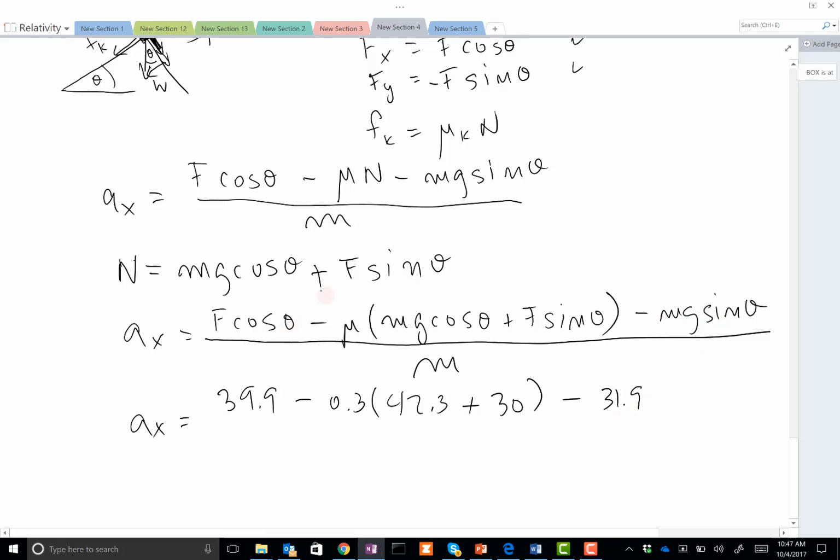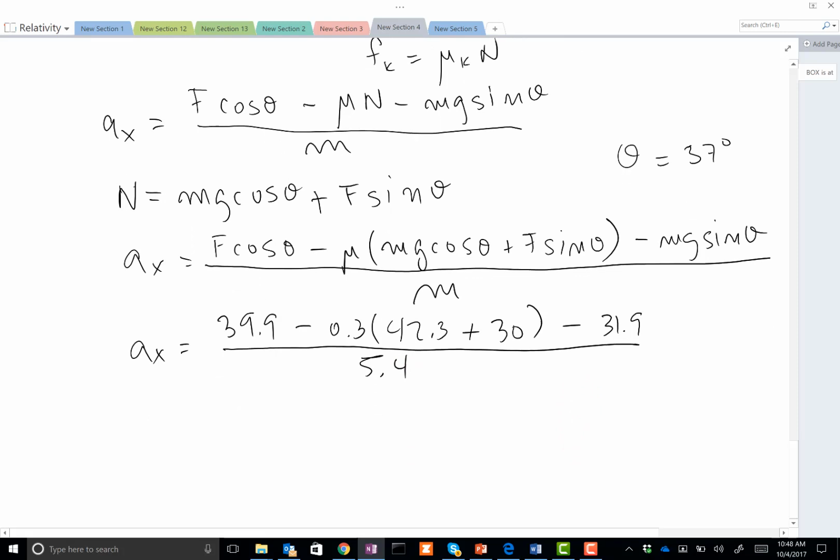In all this, I used the fact that theta is 37 degrees. Then all this divided by 5.4. Now I can do this math, and hopefully I did the algebra right, and I get that a sub x is equal to minus 2.53 meters per second squared.